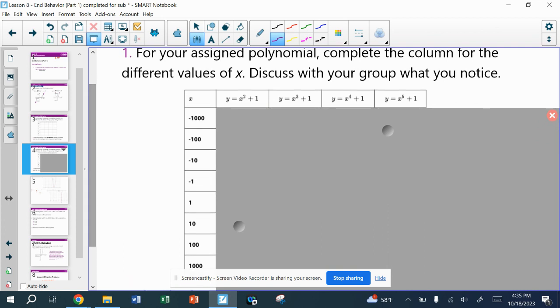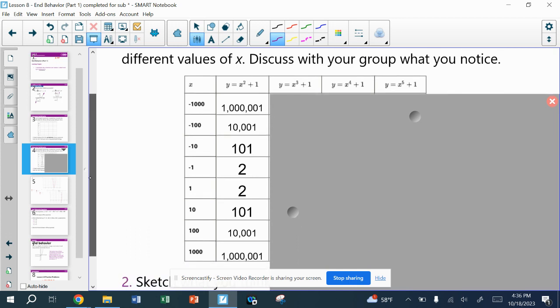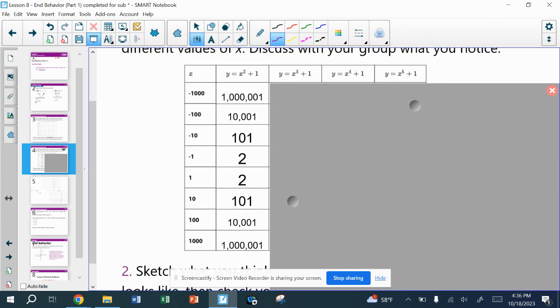They're giving you different x values to substitute into these four different functions. One of them is a second degree polynomial, and then a third degree, and a fourth degree, and a fifth degree. They added one to each of them. So what I have is x squared plus 1. The x values that we're putting into each of these functions are the same for all of them.